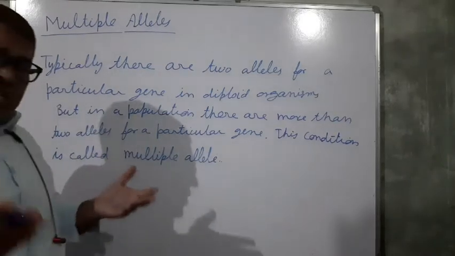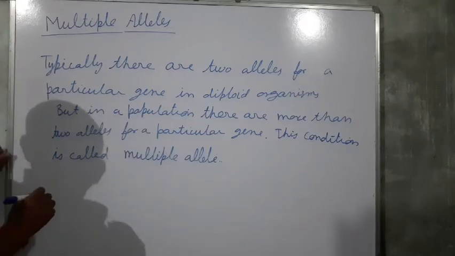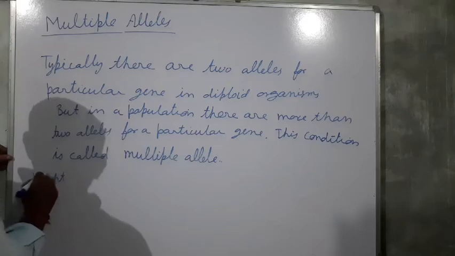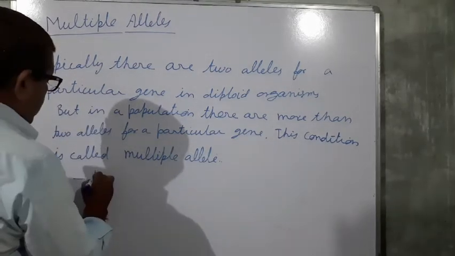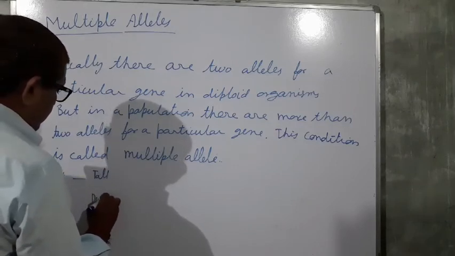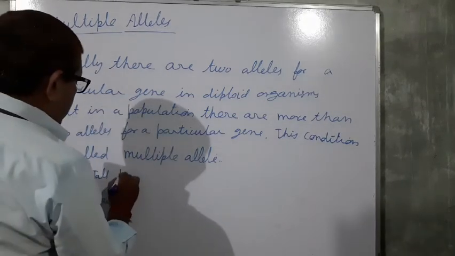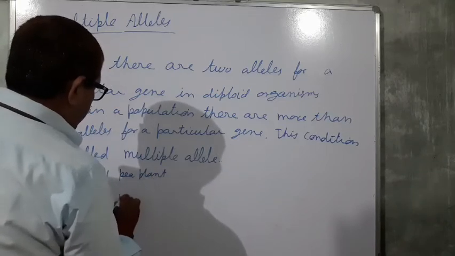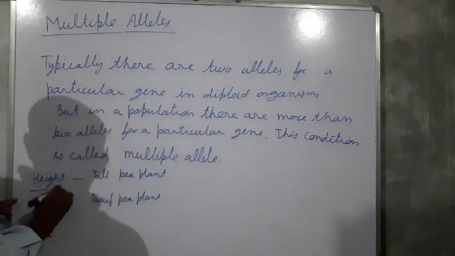Suppose we have studied, in the case of the pea plant, the height of the plant. Two types of plants are there: tall pea plant and dwarf pea plant. This is the height.